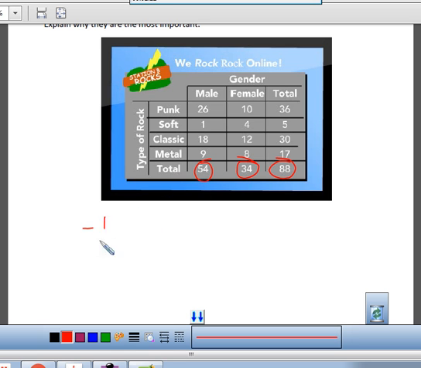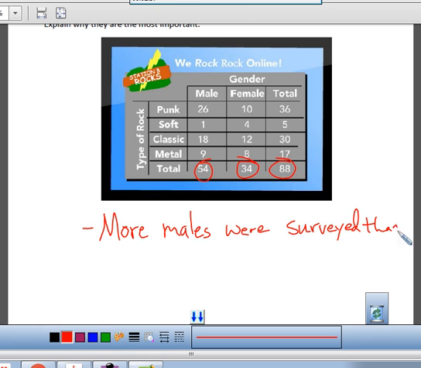For instance, more males were surveyed than females. Or you might write it a different way and say there were fewer females surveyed than males. And that could have an impact on the other results.